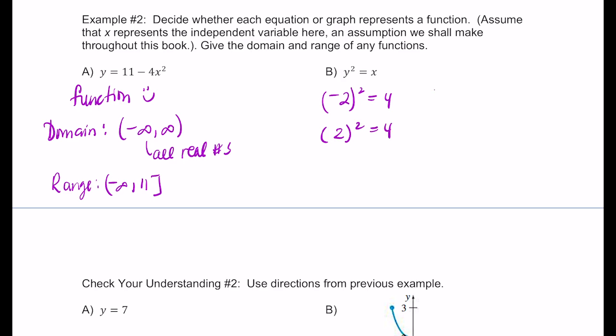So I just plugged in 2 different y values and I have the same x value. So right there, that tells me that this is not a function because each x should go to exactly 1 y, right? So therefore, we're not even going to find the domain and range because we don't have a function here. Okay, we can find the domain and range, but we're not going to.